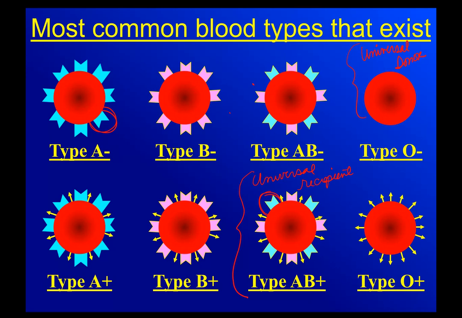I can give them type O positive. They have this same antigen, so it's perfectly fine. There's nothing wrong with that. In fact, I can give AB positive any of these, and it'll be just fine because it recognizes all of those antigens as being normal. Okay?